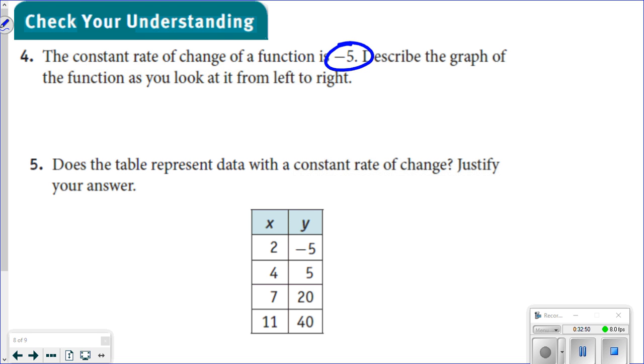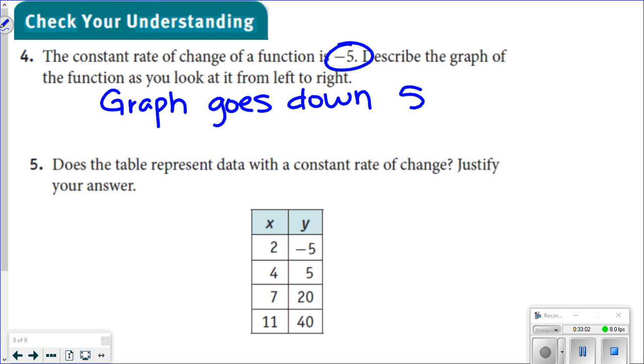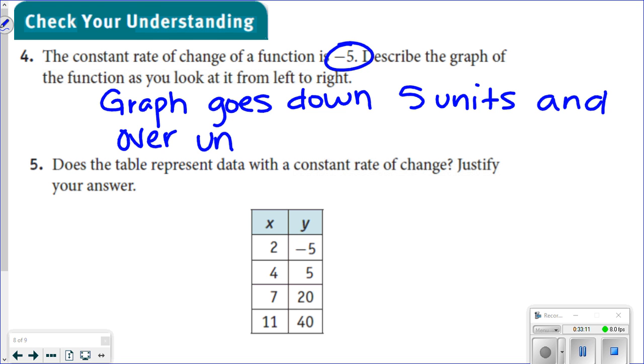So that means your graph goes down 5 units and over 1 unit. Or it's declining, it's decreasing. It's going down 5 over 1, down 5 over 1.